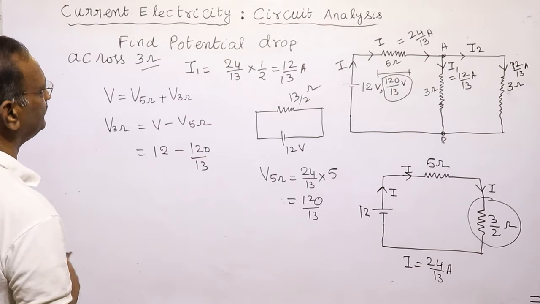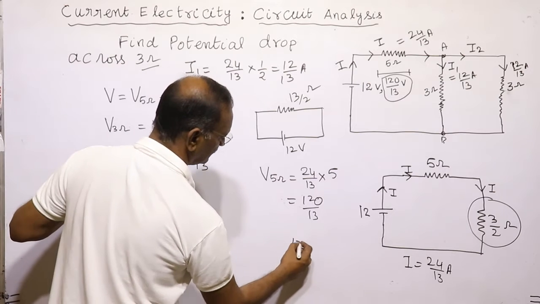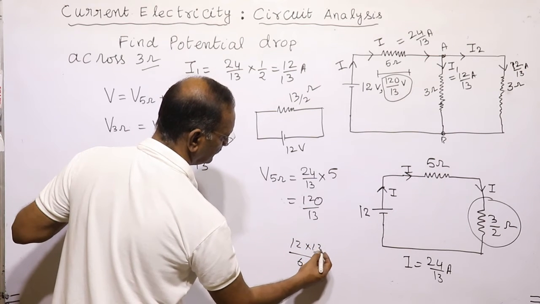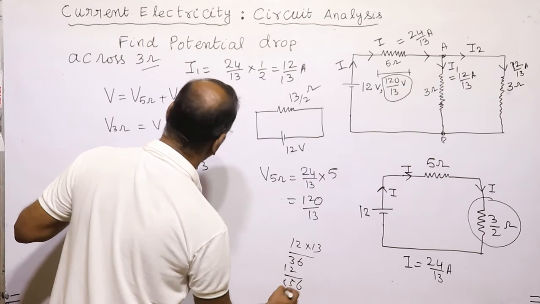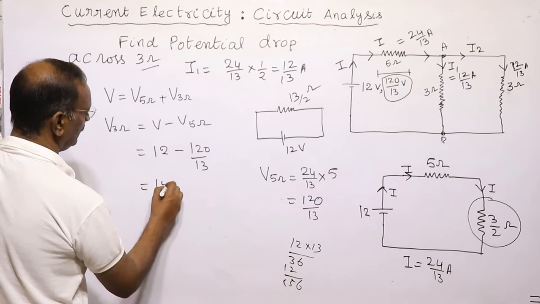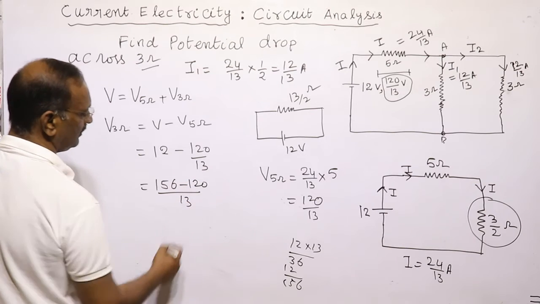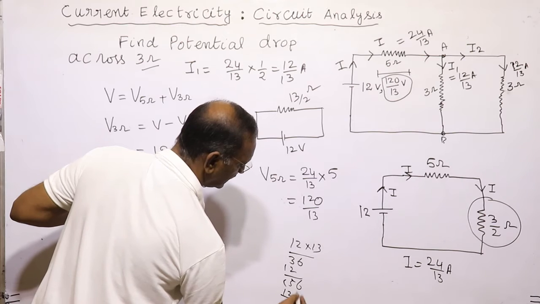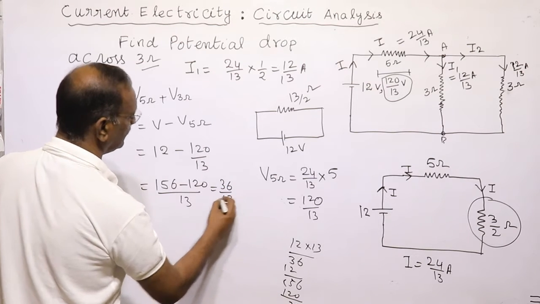So 12 into 13 is 156. 156 minus 120 is 36, so 36 by 13.